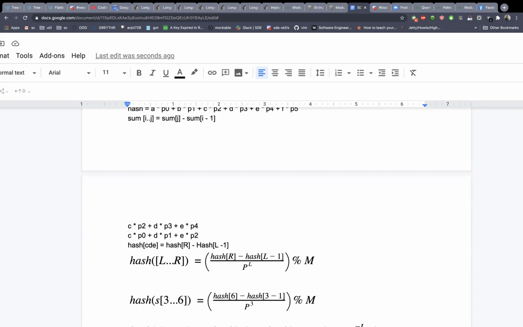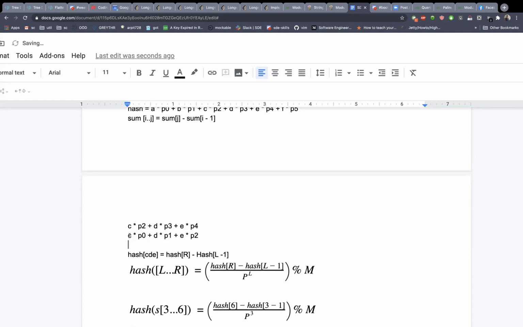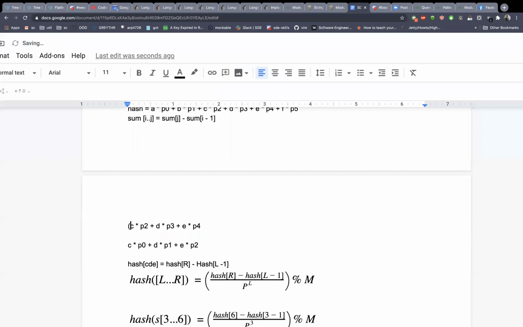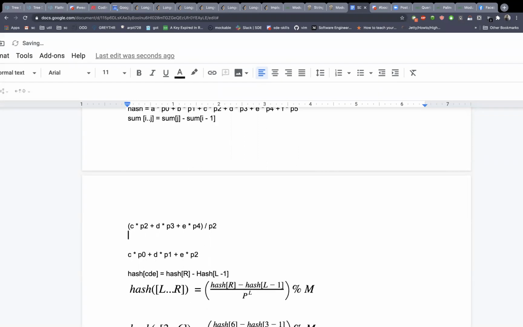So if I divide this number by say P^2, then we get this thing, right? The power of each number will be reduced by 2. Is it clear?